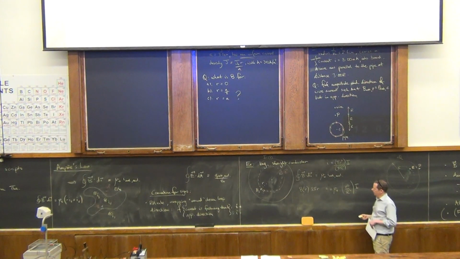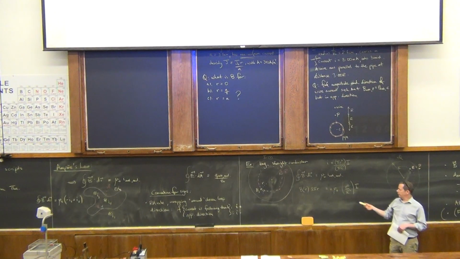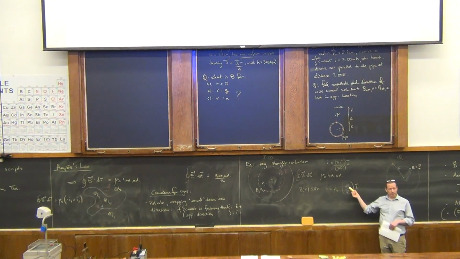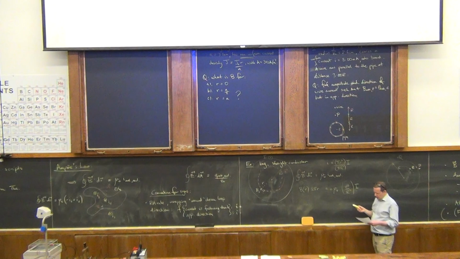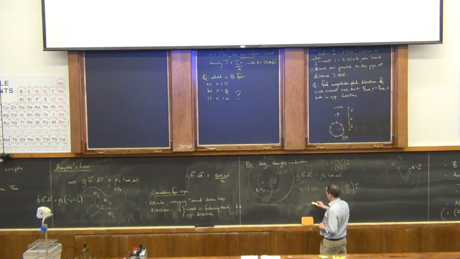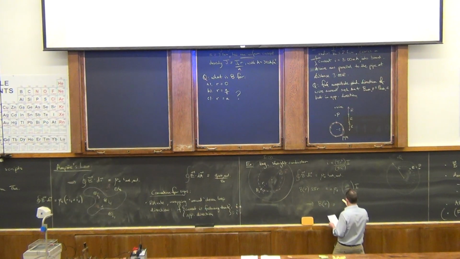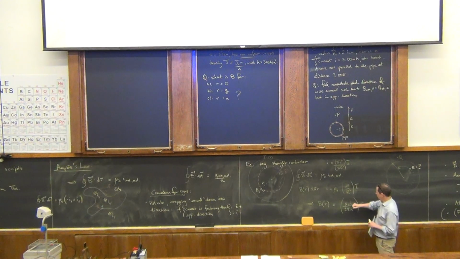So I've still got this here. The only difference in this case is the fraction of the current that's within my Amperian loop. So what you get out of this, just rearranging it as we always do with these types of calculations, is that you pull together things that are constant within parentheses, something like that. That should be the big I in this case.